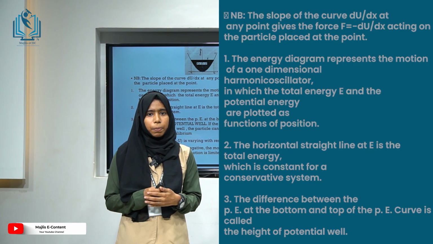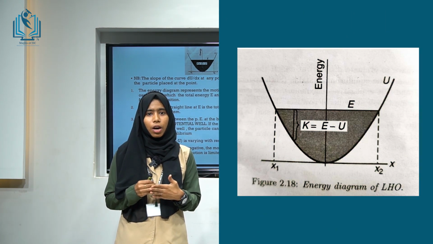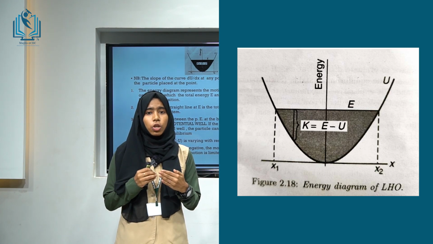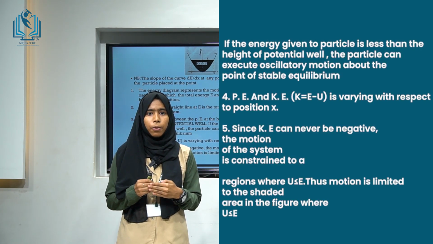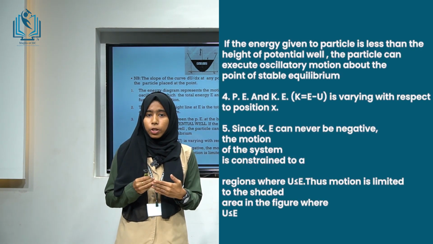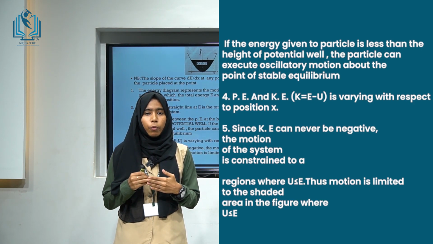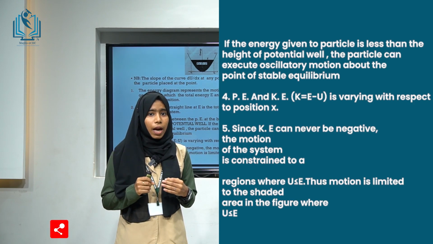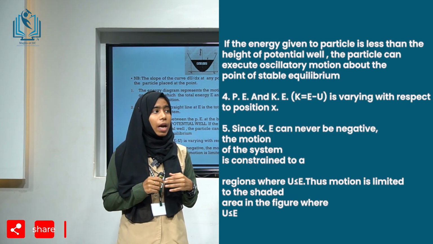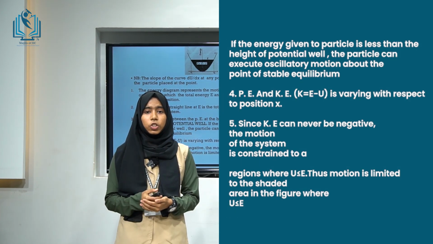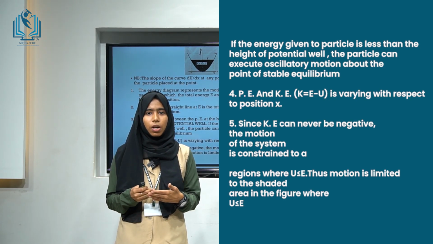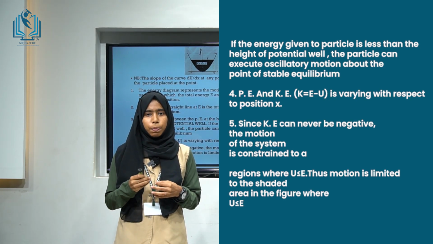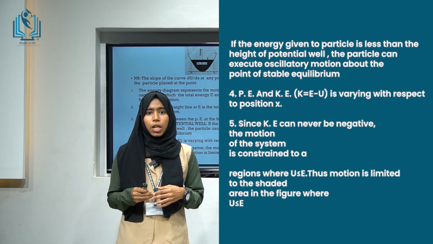This energy diagram represents the motion of a one-dimensional harmonic oscillator in which total energy and potential energy are plotted as functions of position. Potential energy and kinetic energy vary with respect to x, or position.